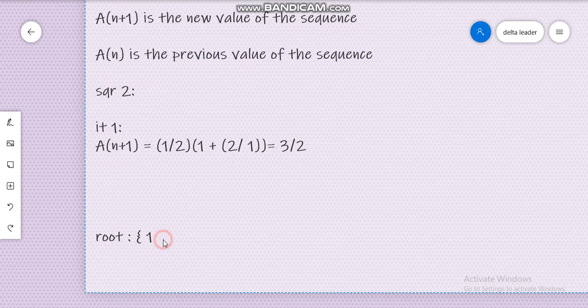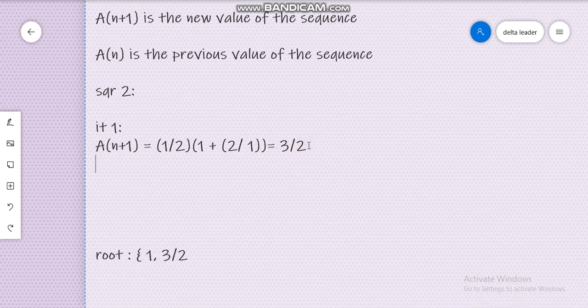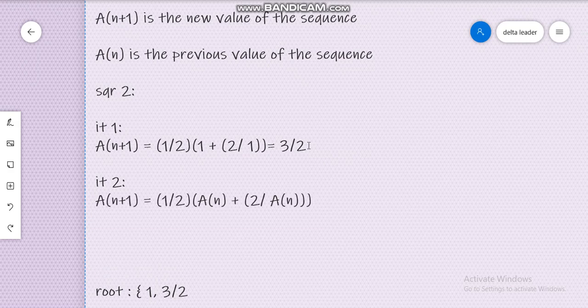So right now we are going to iteration 2, which means that the new value of a_n is the last value of a_(n+1), which was 3/2.